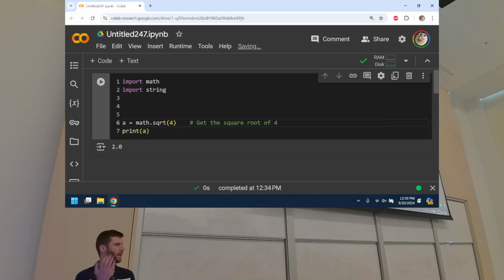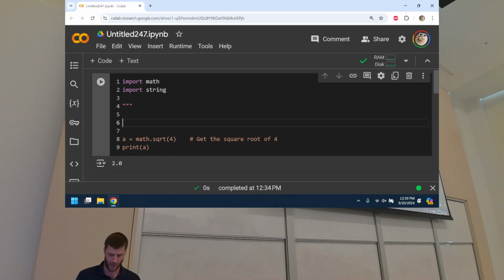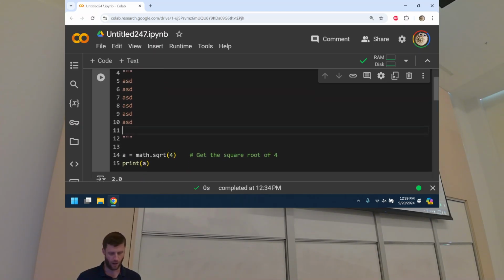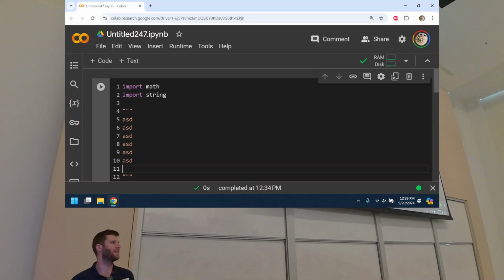That's entirely fine. So comments, there you go. You can even do block comments like this. These are all commented out. As far as Python's concerned, those lines there aren't code. It just ignores it. It's just words.